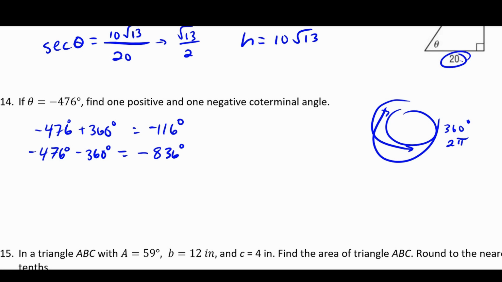That's also a negative coterminal angle. What I could do to this negative 116 degrees is add 360 again and get 244 degrees. So either one of these would work as a negative coterminal angle. Of course, you can make multiple paths around the circle. And then this one over here, the 244 degrees, would be one positive coterminal angle.